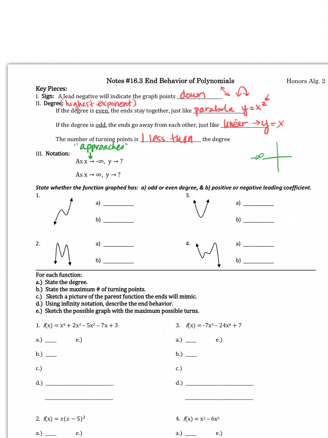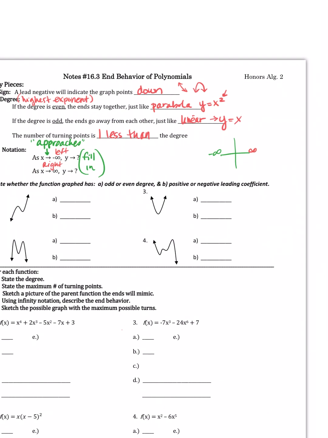So make sure you realize that as it's pointing to negative infinity, that's saying as it goes left. And so then you have a second line, as x approaches positive infinity, that's to the right. So this would be as x goes right. That's another way we say it. And then you fill in which way is it going. Is it going to positive infinity or negative infinity? That's the way you end it, okay?